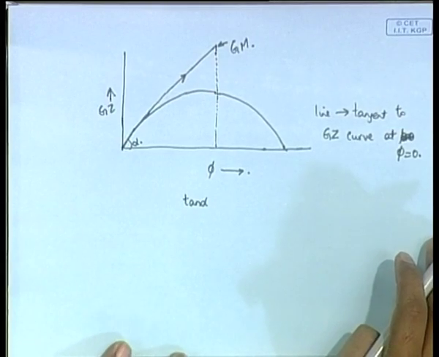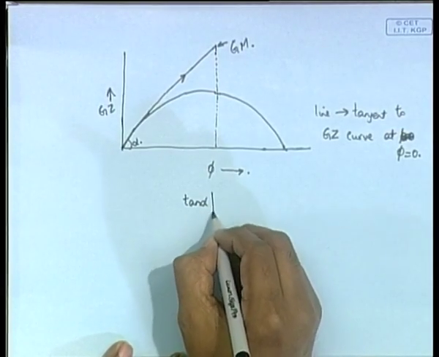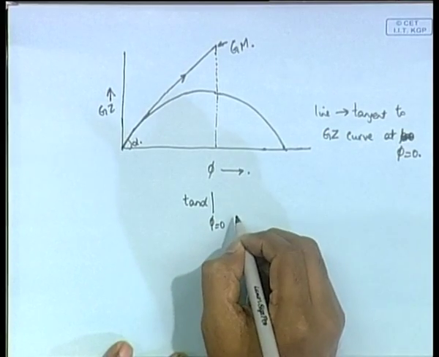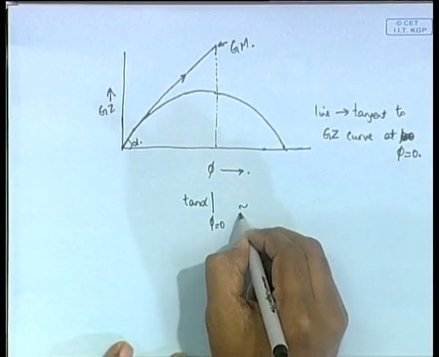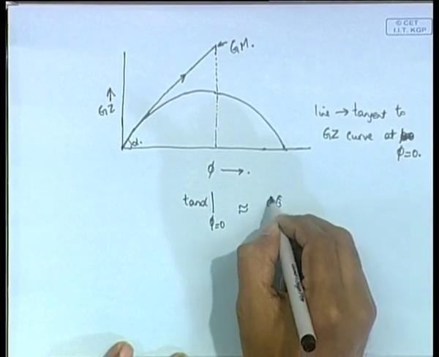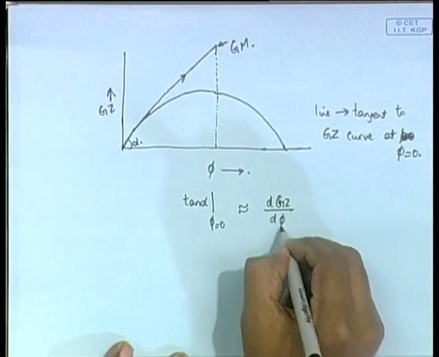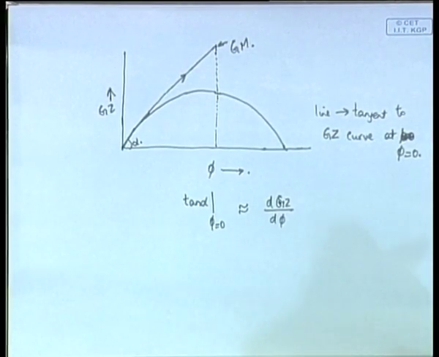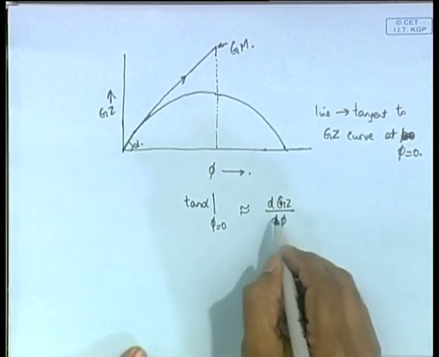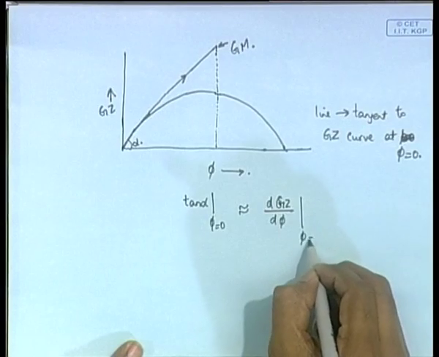Okay. Now tan alpha at phi equal to 0 is given by, right, tan theta is equal to dy by dx. So, dy is d of Gz and x is phi. So, tan alpha is d Gz by d phi at phi equal to 0, that is what we are interested in.